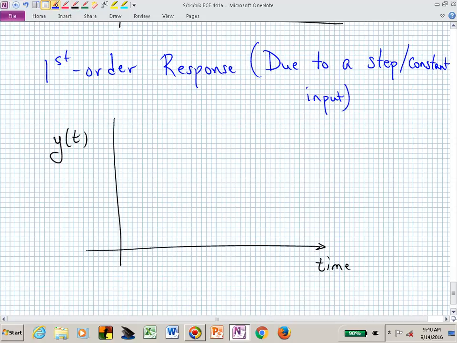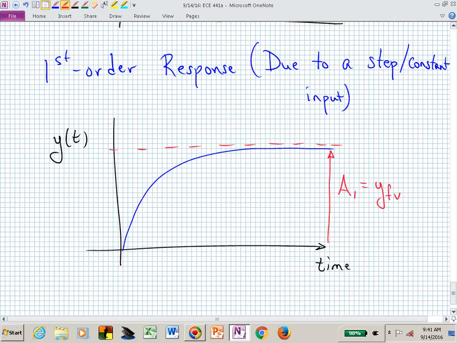It's going to grow, isn't it, exponentially, and eventually stabilize at some final value. Meaning out here, we might call that some constant A1, which is the final value of our output, y sub fv.